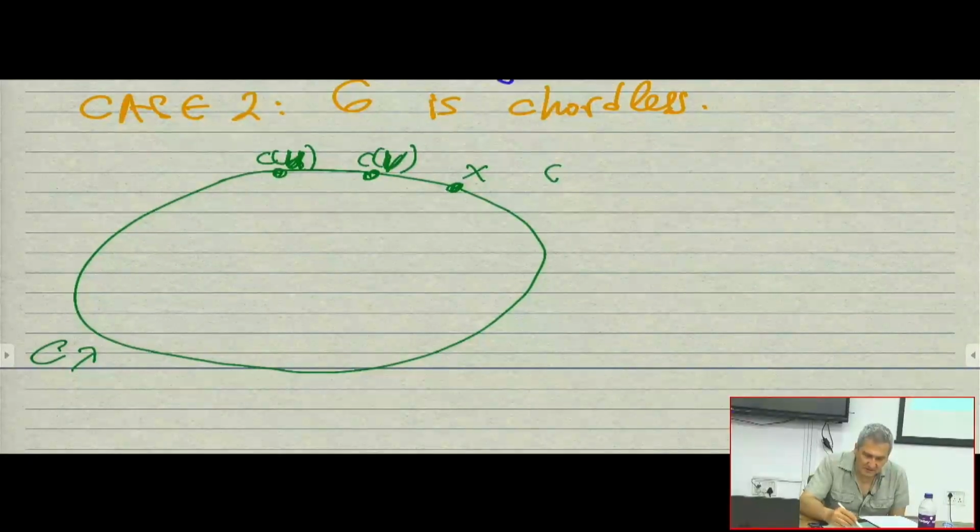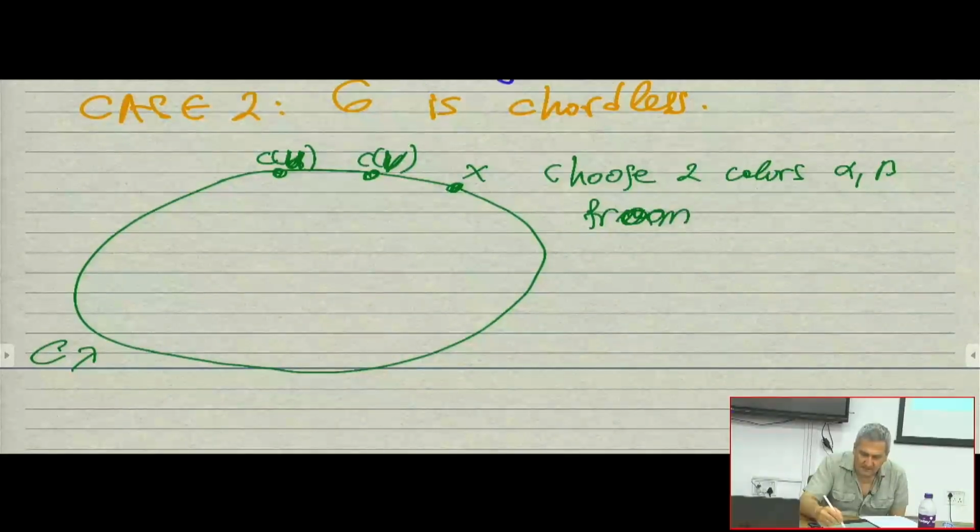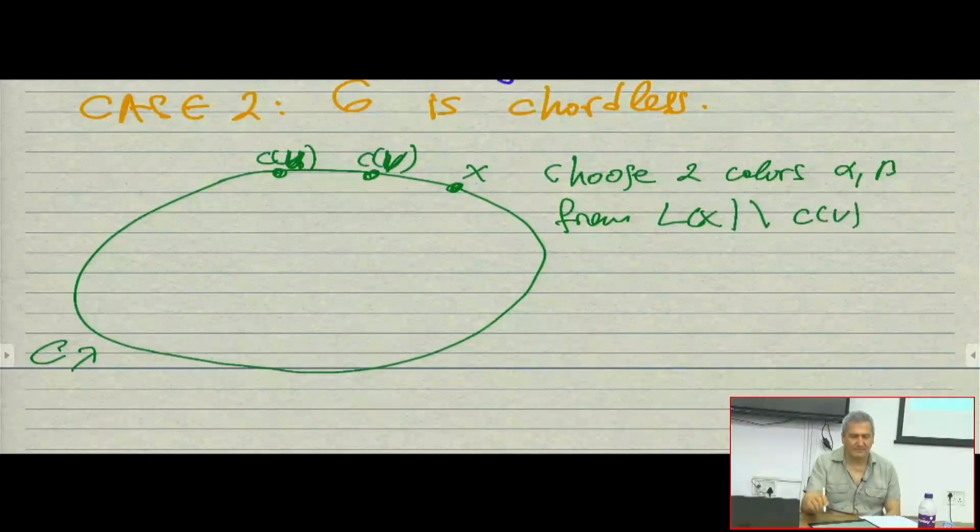Choose two colors, alpha and beta, from LX minus CV. So look, I have these three colors. Yes?